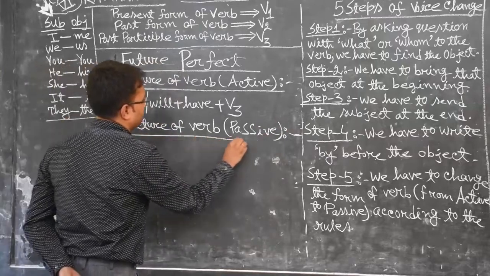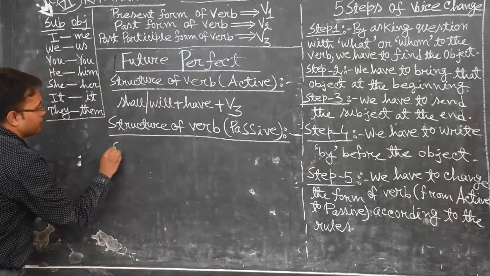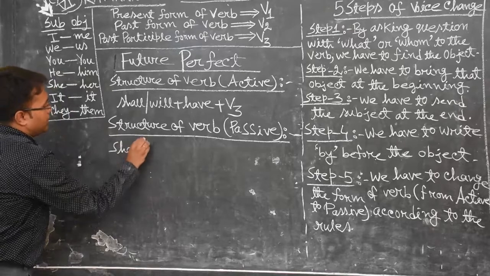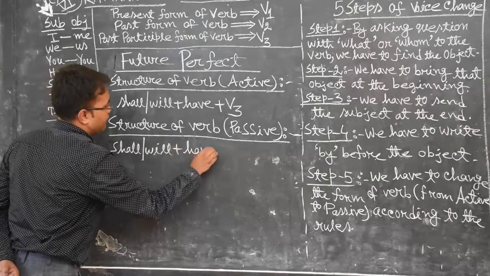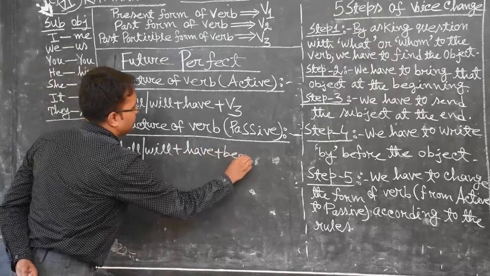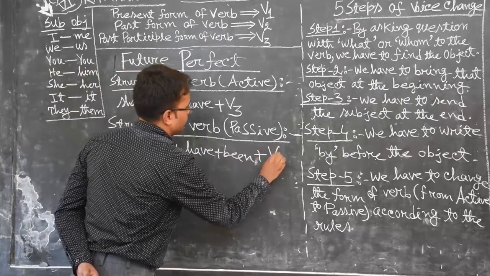Structure of verb in passive: shall/will plus have plus been plus V3.